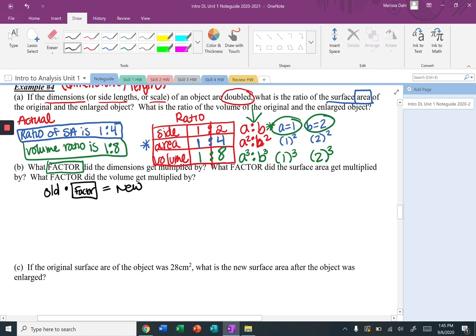But your ratio helps you figure this out. This is the same in the ratio because they reduced. So your old in your ratio is like having a value of 1, even though that might not be the actual number, and your new is a 2, and your factor is what you're trying to figure out here. So 1 times what makes 2, or you can think about this as dividing both sides by 1, and you're getting a factor of 2. So the dimensions were multiplied by a factor of 2.